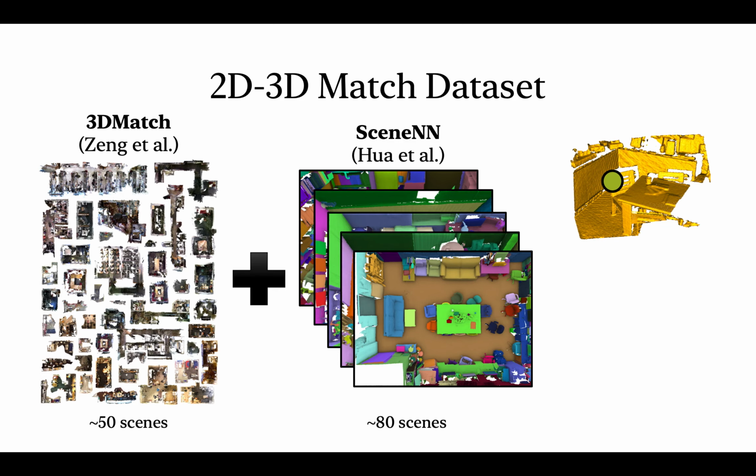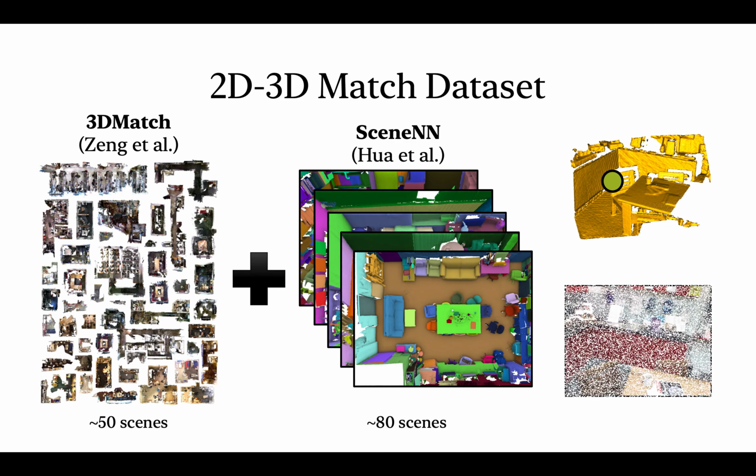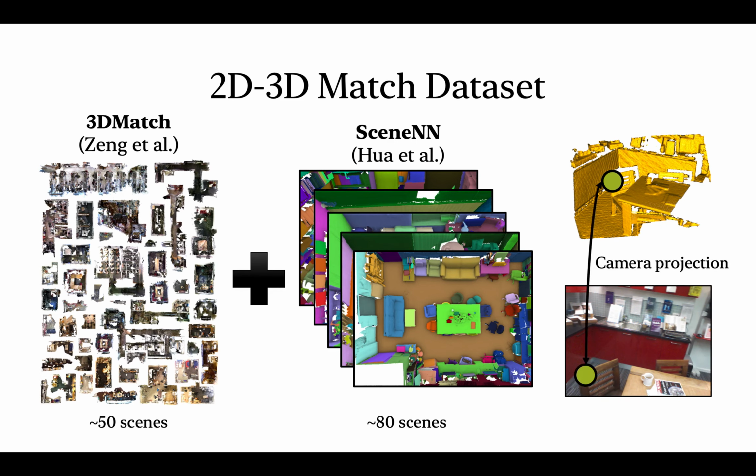To find the 2D-3D correspondence, we reproject its 3D position into an RGB frame for which the point lies in the camera frustum, taking occlusion into account. We then extract the corresponding local 2D patch around the reprojected point. In total, we collect around 1.4 million correspondences, with varying lighting conditions and settings.